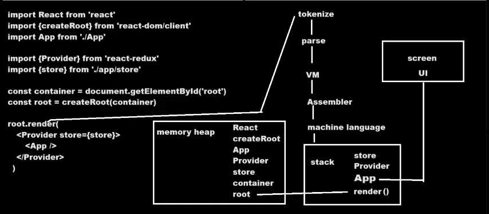Again, we have a container pointing to the div with id root. We have a root that would be created by createRoot. And root, a declaration of an object, of a variable, means creating a variable, and a variable always has a reference.